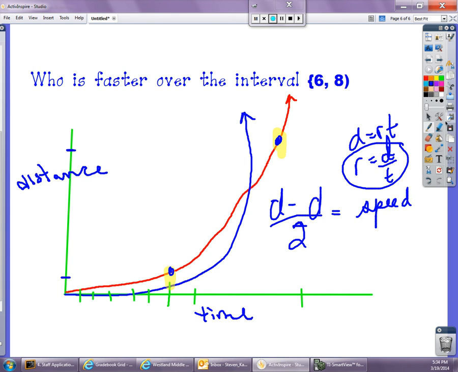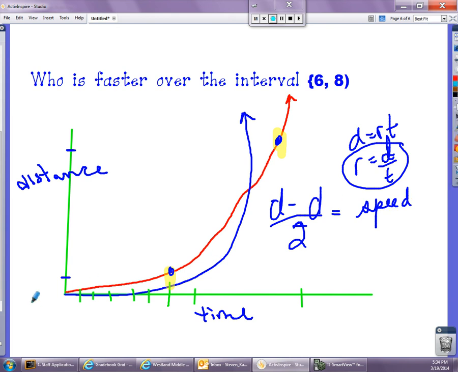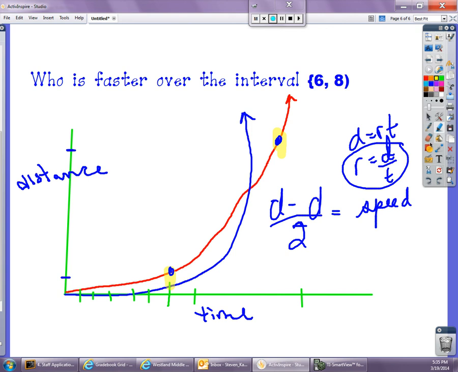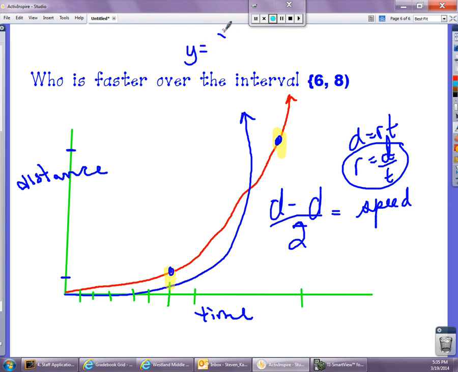The other thing that I wanted to point out, someone asked a really good question in class and said that if you can't see the rest of the graph, how do you know which one of these is an exponential, and how do you know which one of these is a quadratic? Remember that in an exponential, you are taking like the number 2 to the x power. In a quadratic, you're taking x and raising it to the same power every time. So an exponential eventually is going to be steeper than a quadratic.